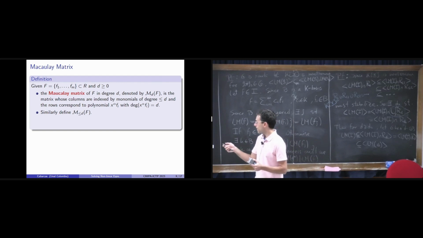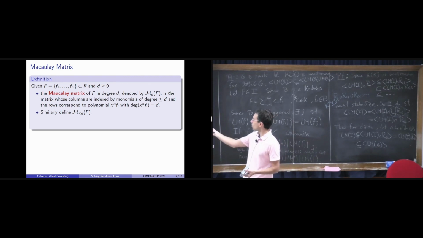Similarly, we can define the Macaulay matrix up to degree D. Here we were saying that we're only including polynomials of degree exactly D, but we could include polynomials of degree up to D, and we will denote that this way.